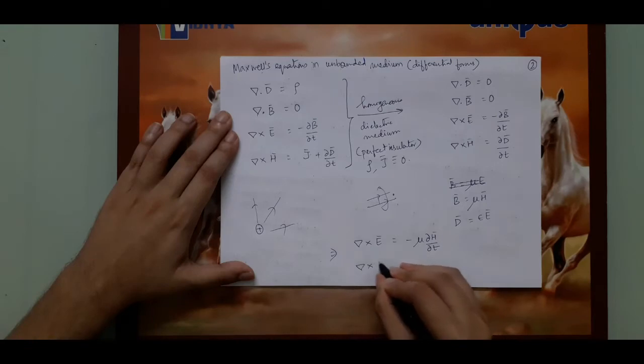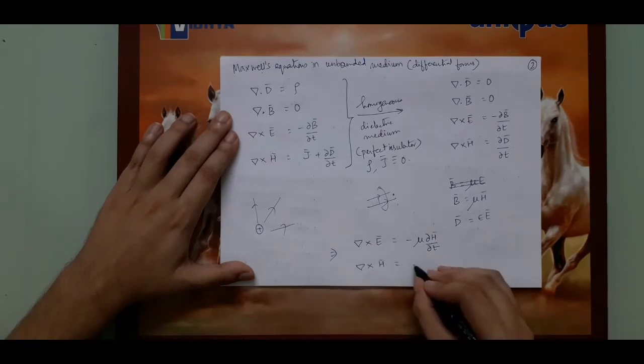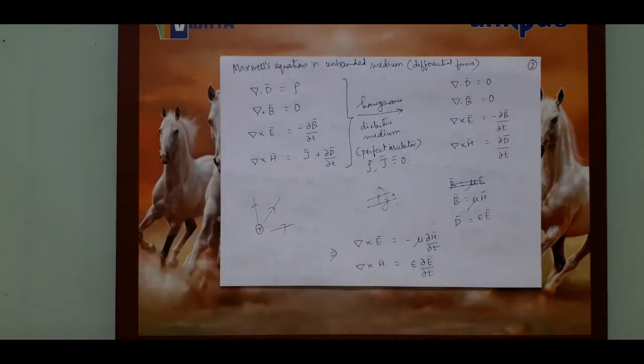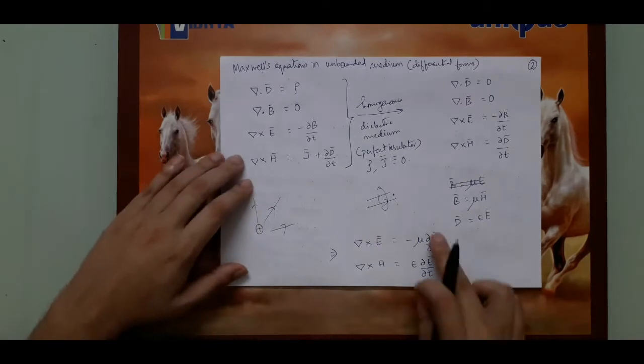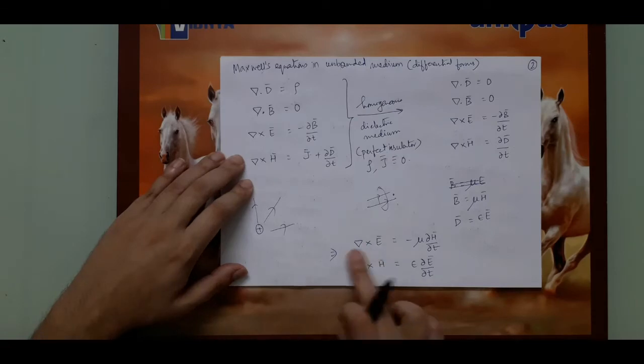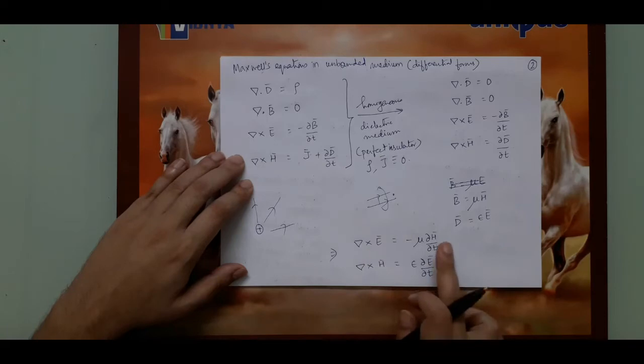And so as you can see that these are kind of differential equations which are coupled. We have a space differential of the electric field which is giving us a time differential of the magnetic field.